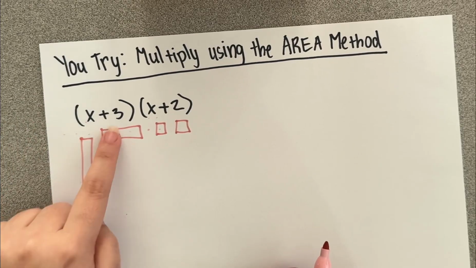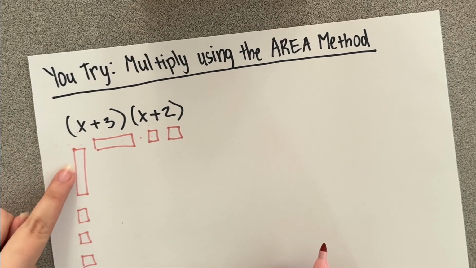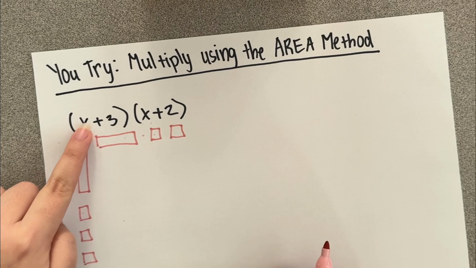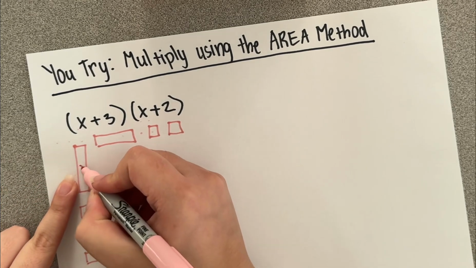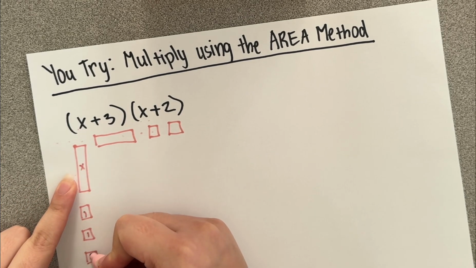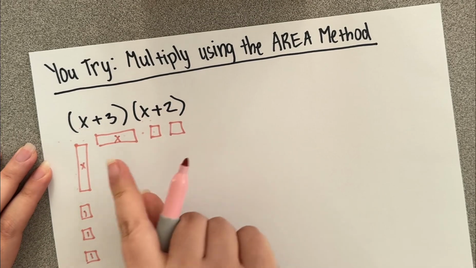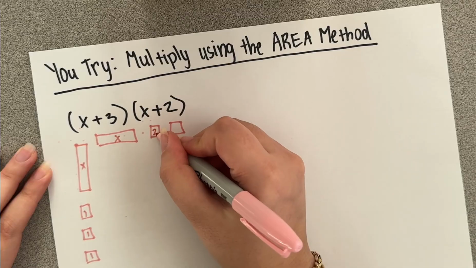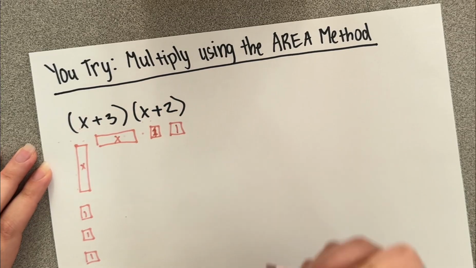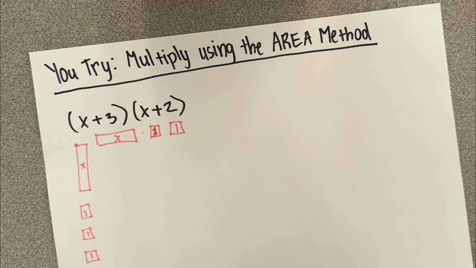So this is what you should have. This represents x plus 3. We have an x right here, and we have 3 squares of 1. And on the top, we have x plus 2. Okay, now let's go ahead and solve it.